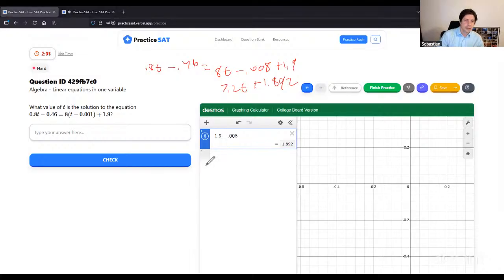Okay, so then we got negative 0.46 equals 7.2t plus 1.892. Then I'll subtract.